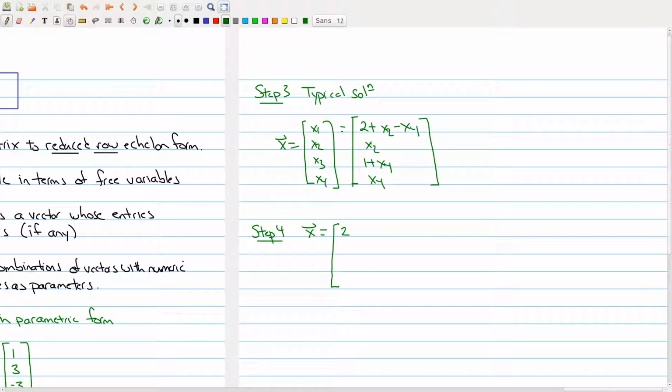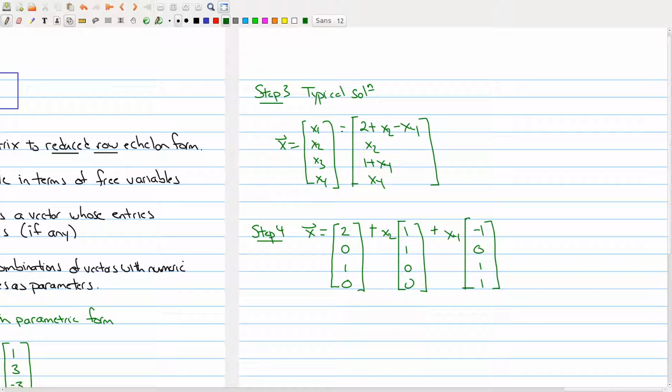There is no number by itself in the second spot, so I'll have a 0. I have a 1 here, and in the last one I have no number by itself, so that's the first vector. Then I'm going to take everything involving an x2. I have 1 x2 here, I have 1 x2 in the second spot, and these two have no x2s. And then I repeat it for x4, and I have a -1, a 0, a 1, and a 1.